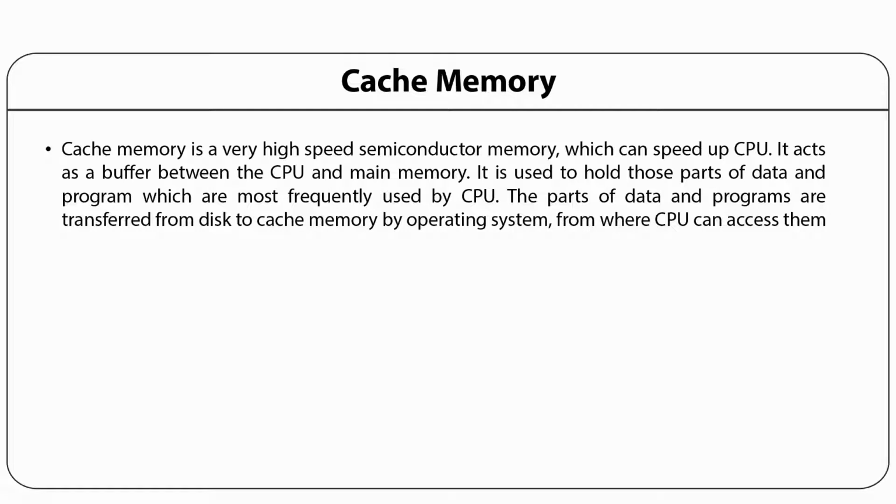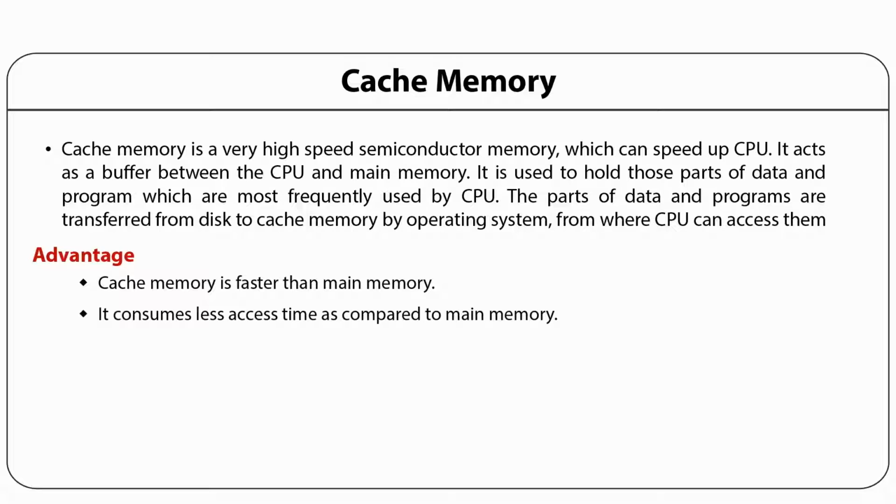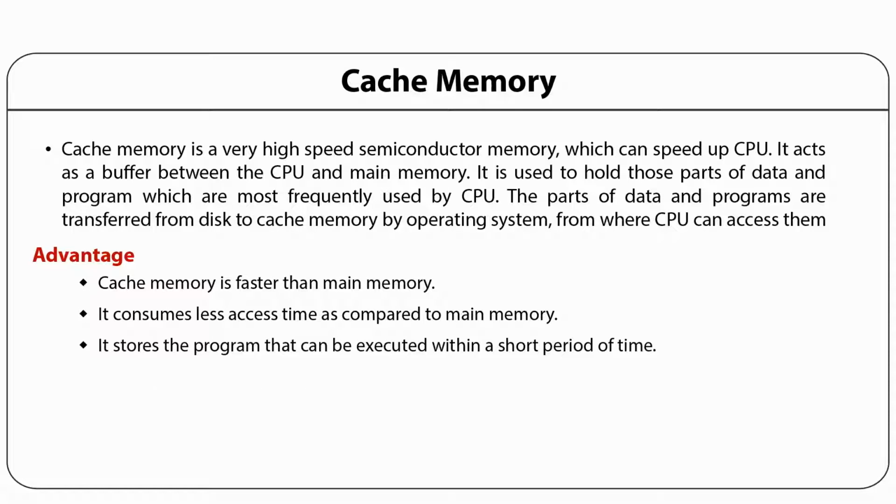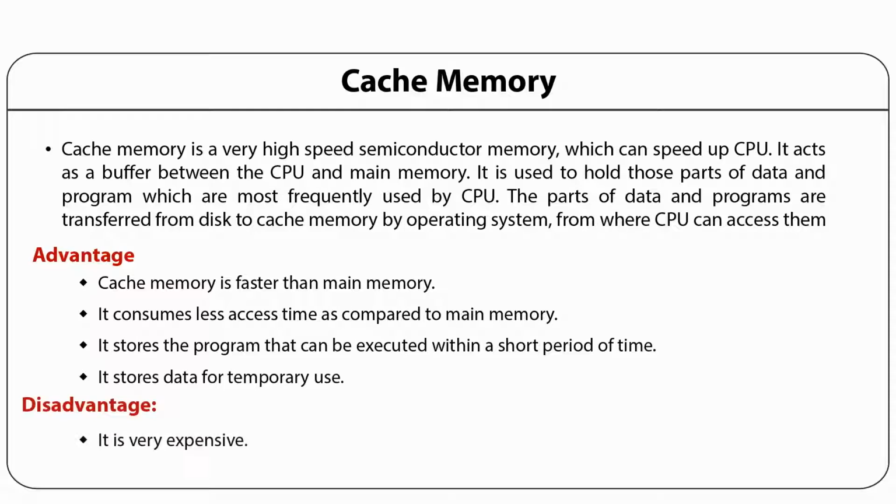The parts of data and programs are transferred from disk to cache memory by the operating system, from where the CPU can access them. The advantage of cache memory is that it is faster than main memory and consumes less access time as compared to the main memory. It stores programs that can be executed within a short period of time and for temporary use. But the disadvantage is it is very expensive and the capacity is limited.